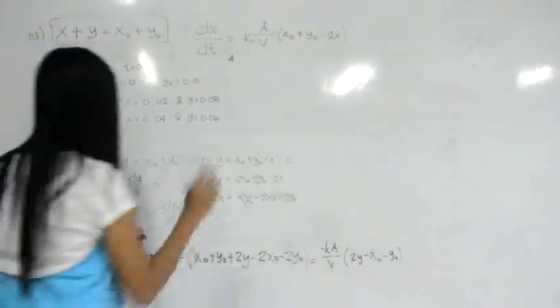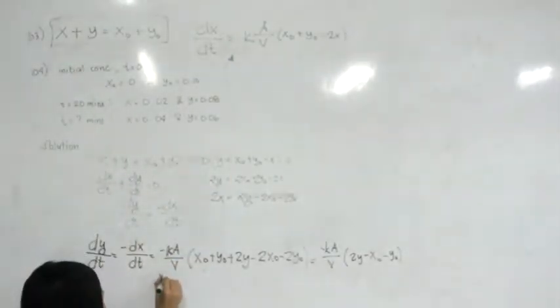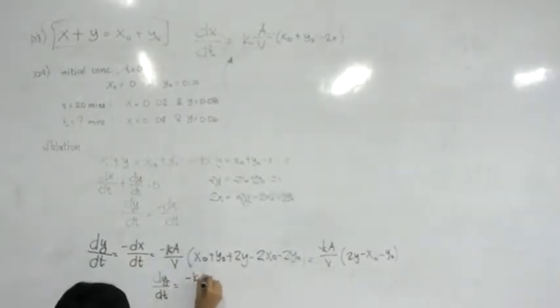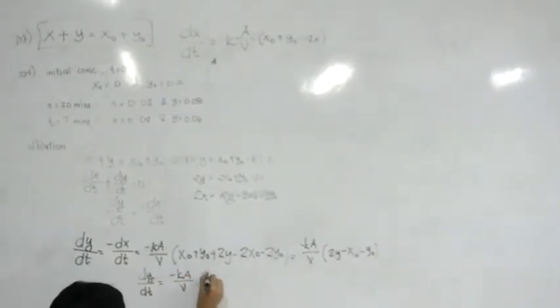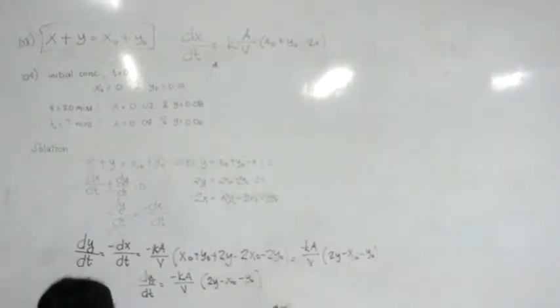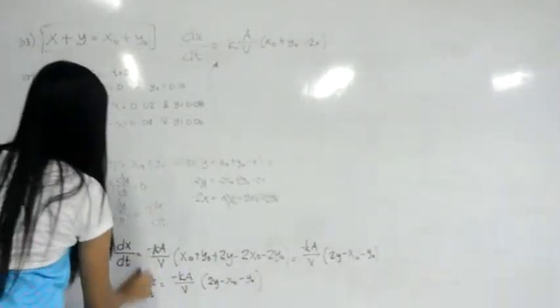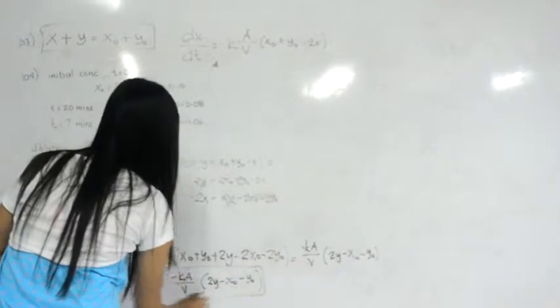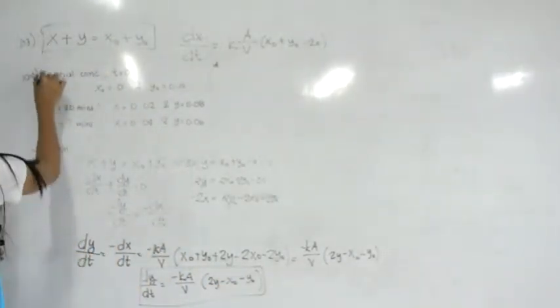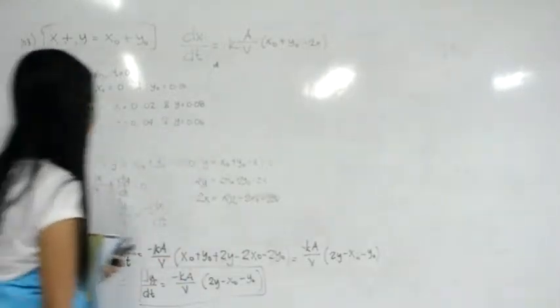So, therefore, dy over dt is just negative KA over V times 2y minus x0 minus y0. We're going to be solving this equation for us to be able to substitute this given condition.